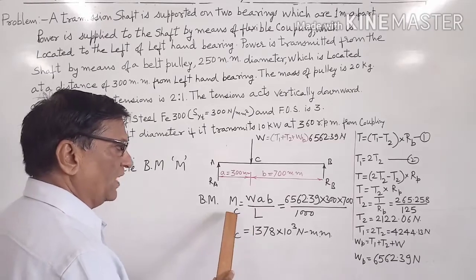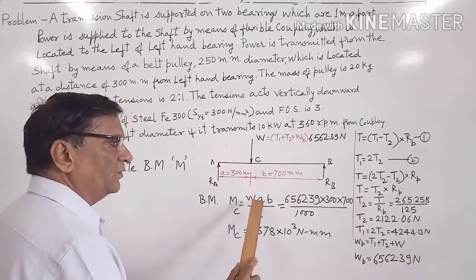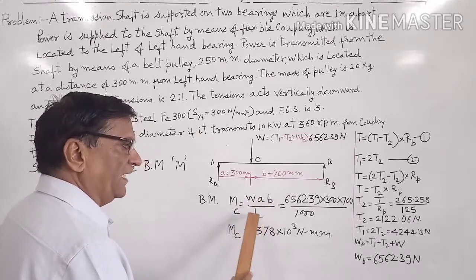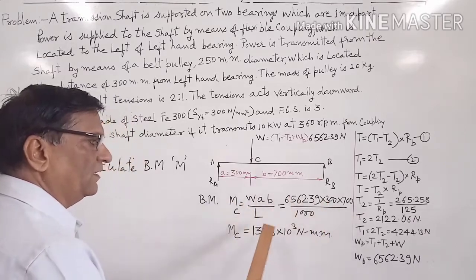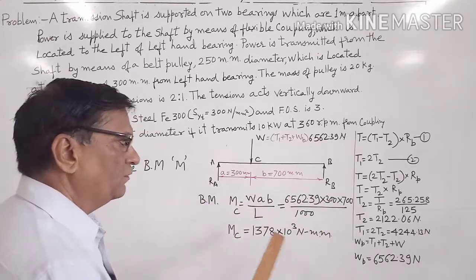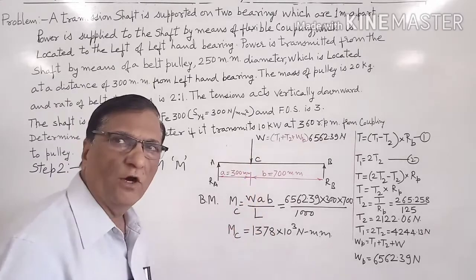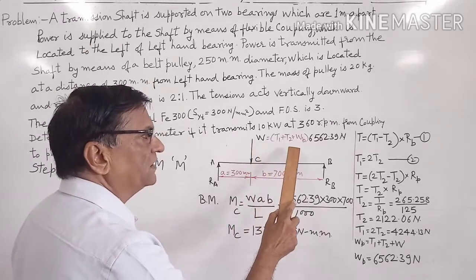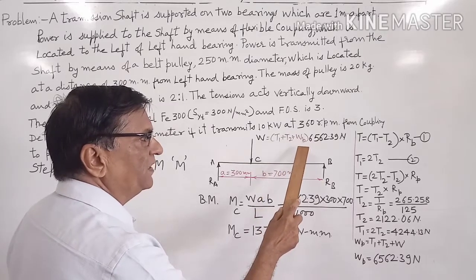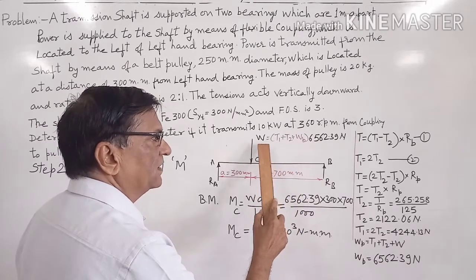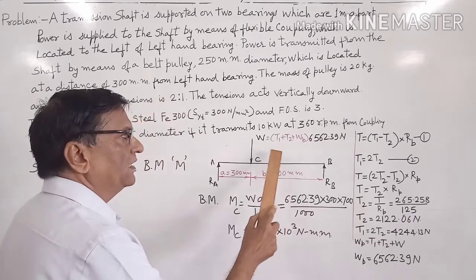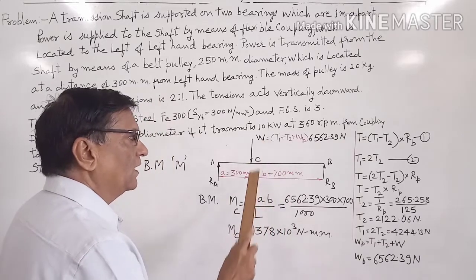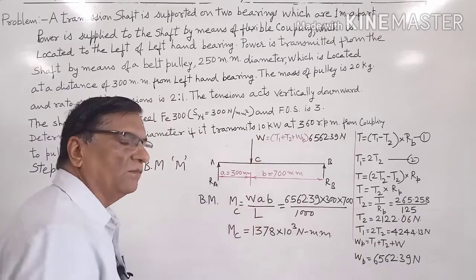So from this formula, MC is equal to W into A into B upon L. In order to calculate the value of W, W is equal to T1 plus T2 plus Wp. The summation of these three will be the total load coming on point C.